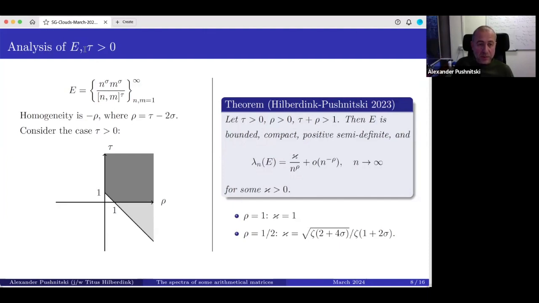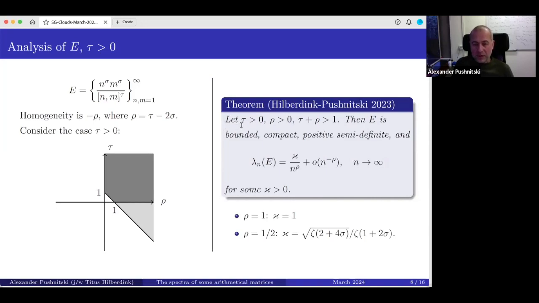So let's start with the positive definite case where tau is positive. We are in this darker shaded region up here on this picture. This is just a reminder that the homogeneity is minus rho and rho is tau minus 2 sigma. So we consider the upper part. Here's the first theorem.